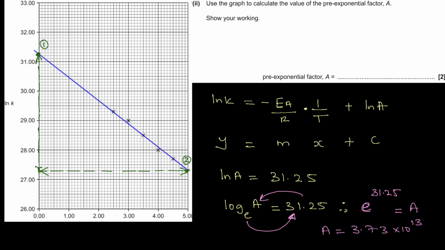A here is 3.73 times 10 to the power 13. The intercept here is that value here. So that's 31.25, and that's what we've got here. And then from there, we're able to calculate A, the pre-exponential factor.